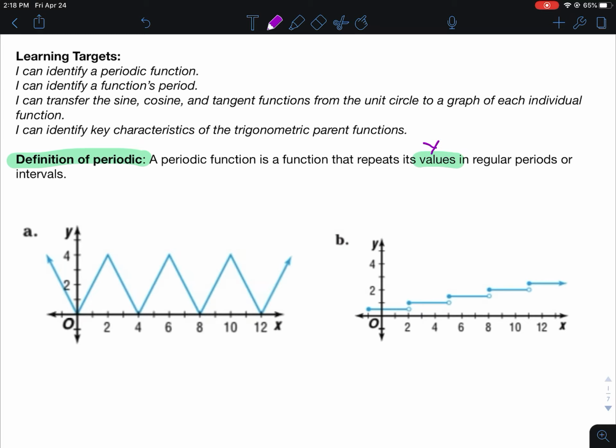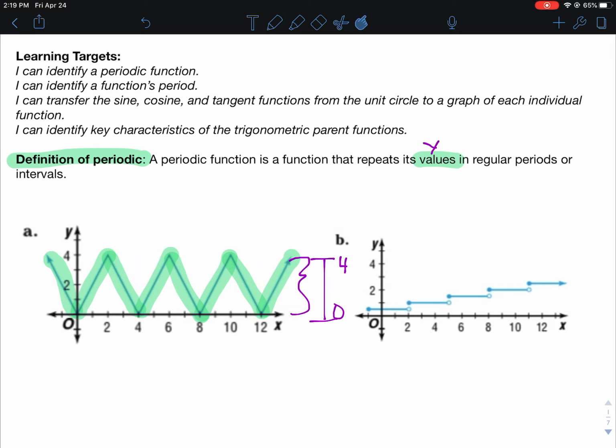So when I look at graph A here, it starts here, down to 0, up to 4, down to 0, up to 4, down to 0, up to 4, down to 0, up to 4. Again, I'm focused on the y values here. So we went from 0 to 4, and this graph, the shape of it is just repeating itself. So that would make this graph here periodic.